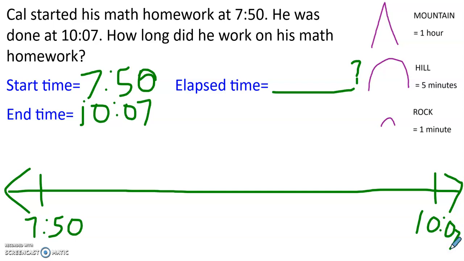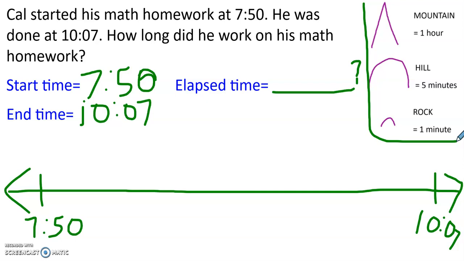Now, to represent the jumps on our number line, in this case, for time problems, our jumps are going to be segments of time, increments of time. That's why I have this key up here, because we're going to be jumping by hours and minutes, and I like to use what's called the mountain strategy because it helps me keep track of if my jumps are hours or if they're minutes and how many minutes they are.